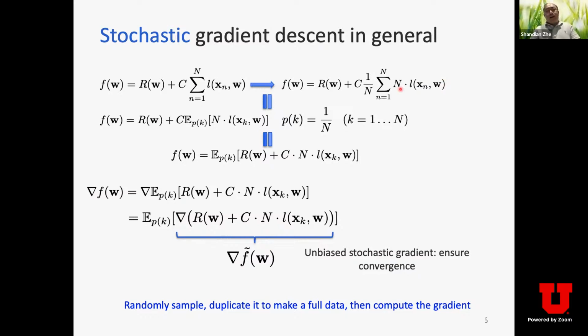But we do request you to look over this procedure and know why we compute the stochastic gradient in this way. The reason is simply because we want to obtain an unbiased stochastic gradient. Unbiased means if I take the expectation, I can recover the exact gradient. In that case, there's a bunch of theory. By using theoretical analysis, you can show it can converge to the local optimum almost surely.